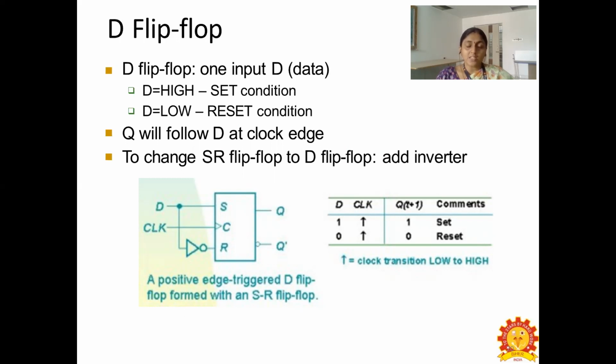Here S is the input D and R is the inverter of D. So when D is 1, under a positive clock pulse, the next state value will be 1, which is the set condition. And when D is 0 and there is a positive clock pulse, that is a transition from low to high, the next state value will be 0, which is the reset condition.